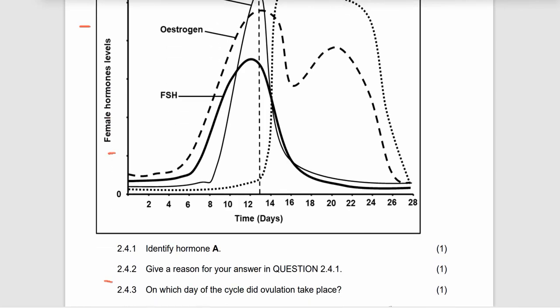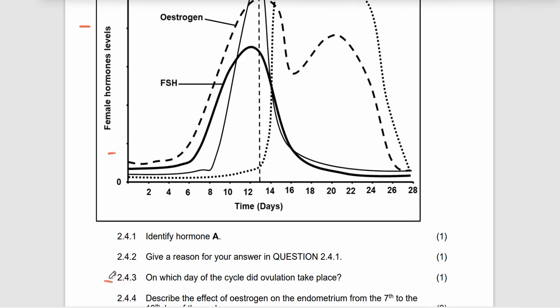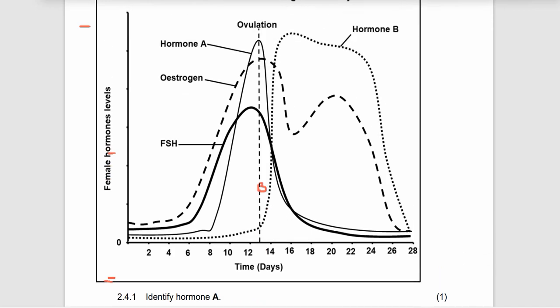Let's move down to the third question, 2.4.3. On which day of the cycle did ovulation take place? I already told you the day. It took place on day 13. You can see those dotted lines there are just between the 12th day and the 14th day, meaning there's the 13th day here.